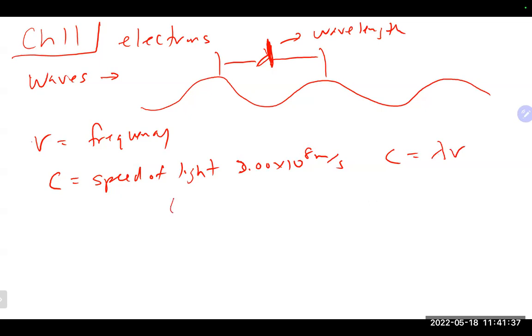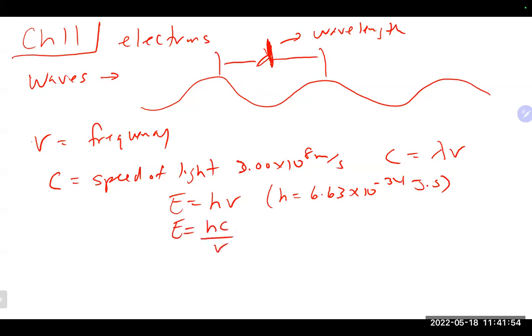And there is a relationship to energy, which is that the energy is equal to h times the frequency. h is Planck's constant, which is 6.63 times 10 to the minus 34 joule seconds, which if we substitute those together gives us hc over the wavelength.